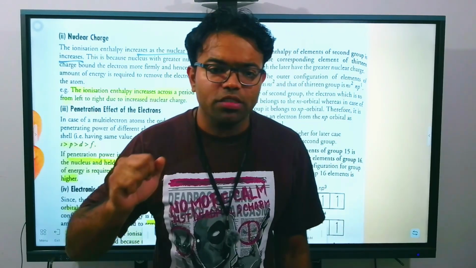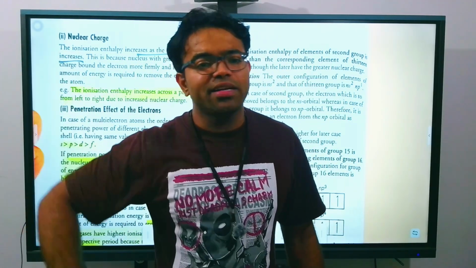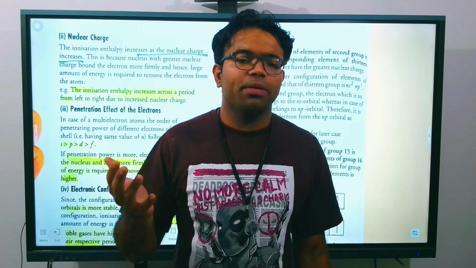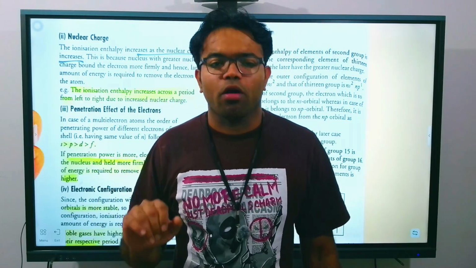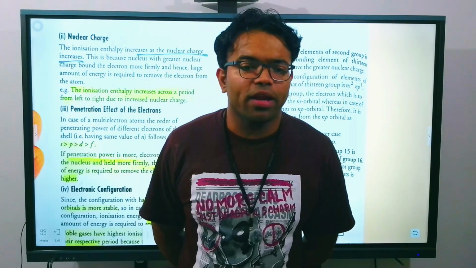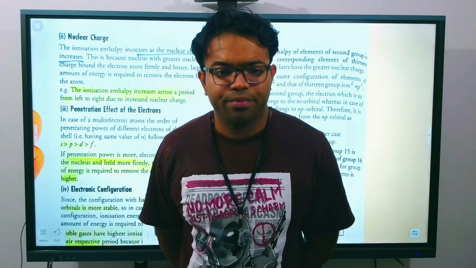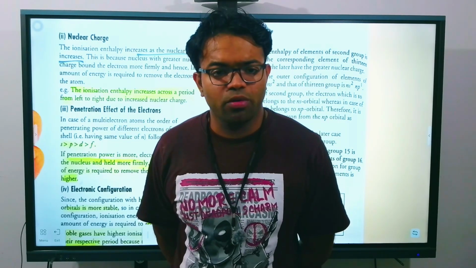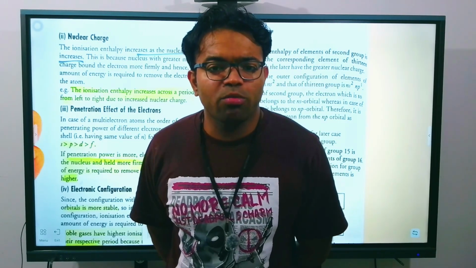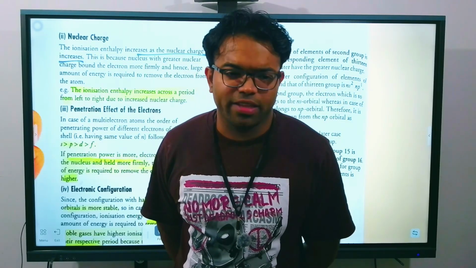Why? Because if you want to remove an electron in the 13th group, for example boron, boron has an electronic configuration of 1s2, 2s2, 2p1, right? So even if you remove an electron from the outermost shell, you're not destroying anything.